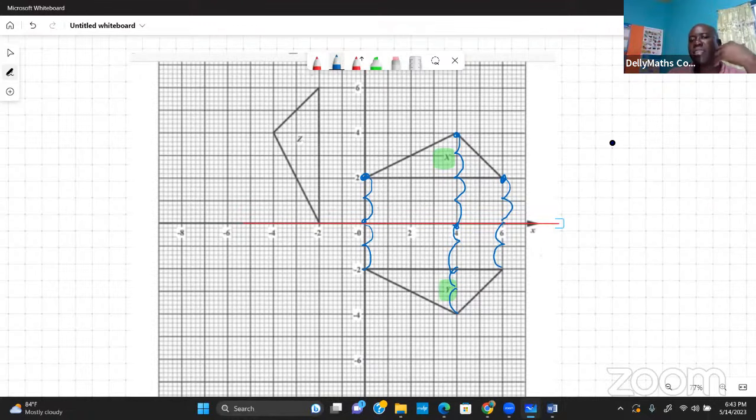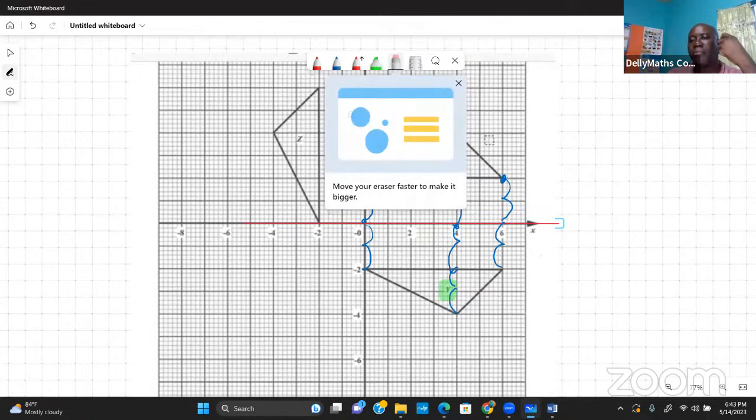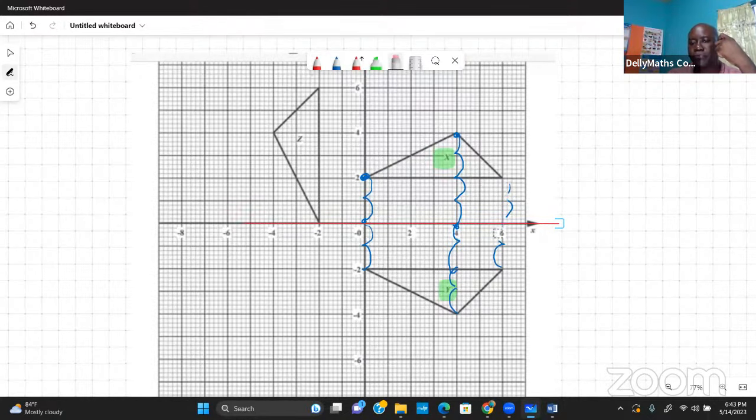So definitely you're seeing that our mirror line, as the question wanted, is the x-axis, or you could call it y equals 0. So let me mark it. It is the x-axis, or you could call it y equals 0. That is our mirror.